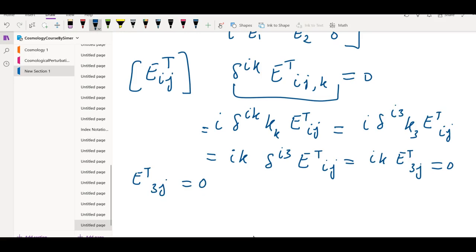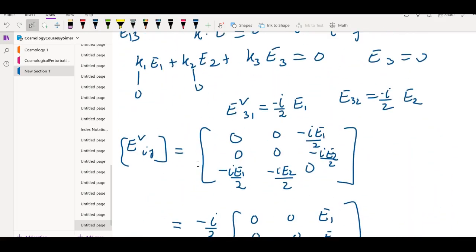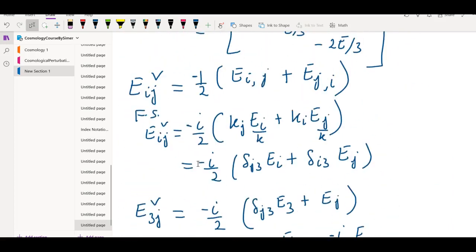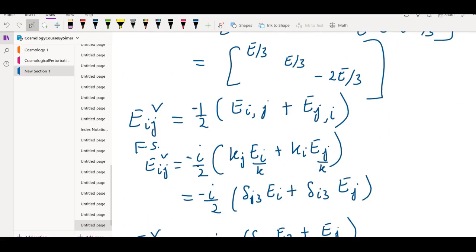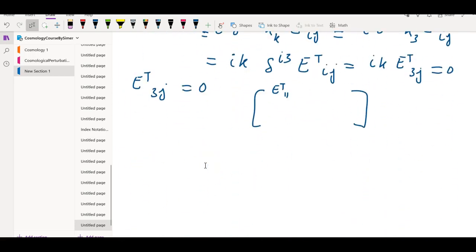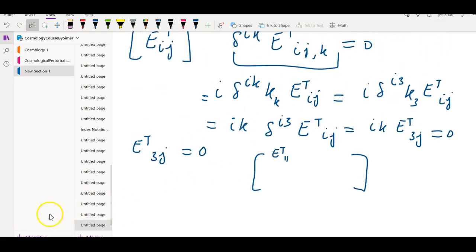And what does this mean? This means that if you write the ET components, we have the ET11 component, the ET12 component.